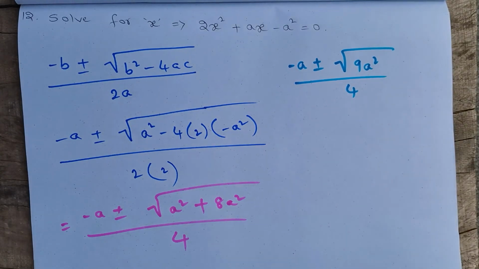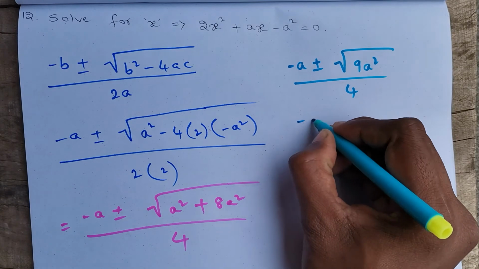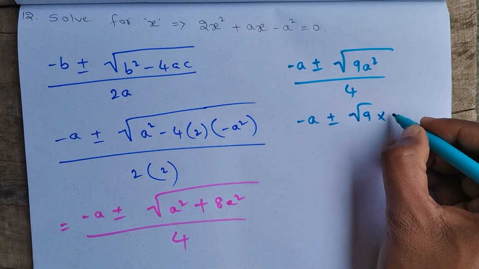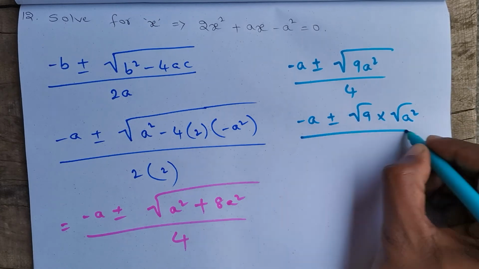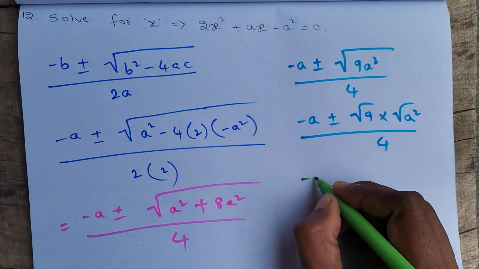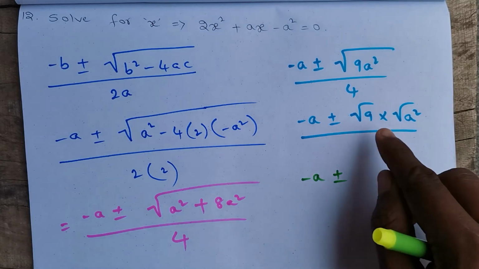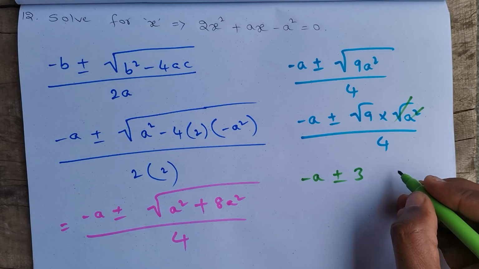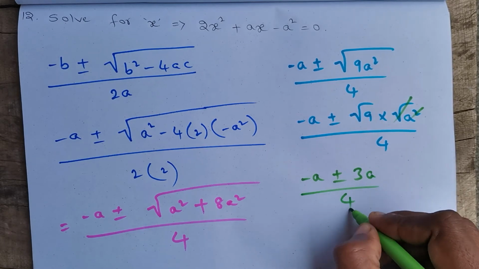Now if we observe this clearly, under root 9a square can be written as root 9 into root a square, whole divided by 4. So minus a plus or minus root 9, 3. Here square root and square get cancelled, remains a, whole divided by 4.